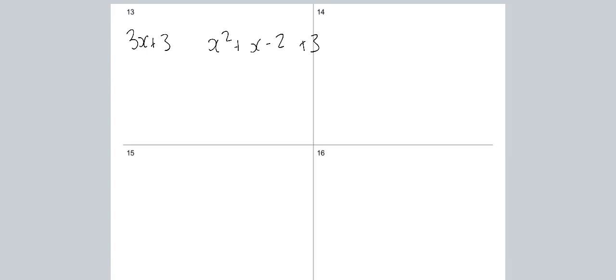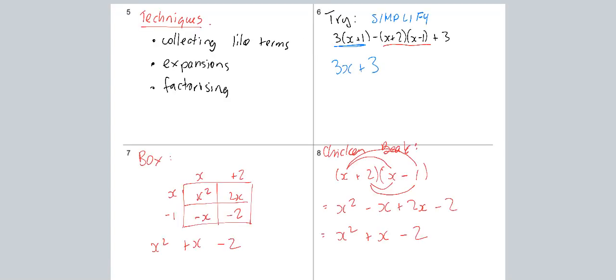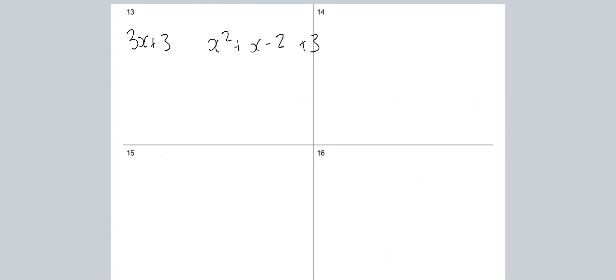Now, importantly, if you look at the problem, we are subtracting these two things multiplied together. So when we come up with our expression, we need to make sure that we are subtracting x squared plus x minus 2. But we're not subtracting just x squared, we're subtracting all three terms, right? x squared plus x minus 2.